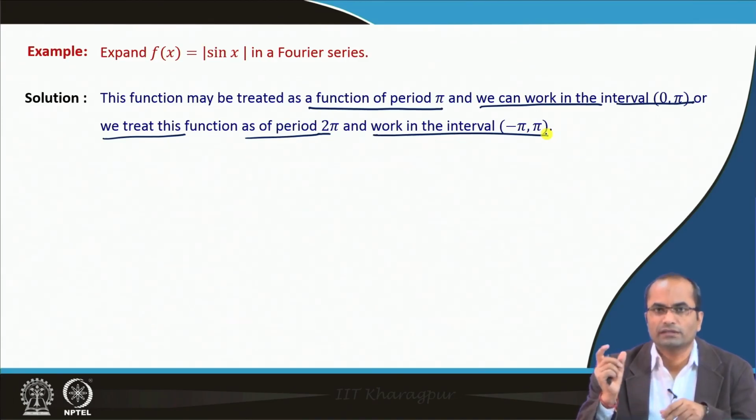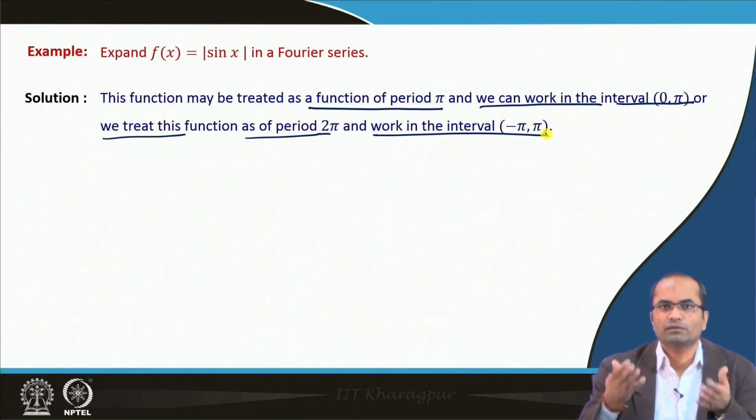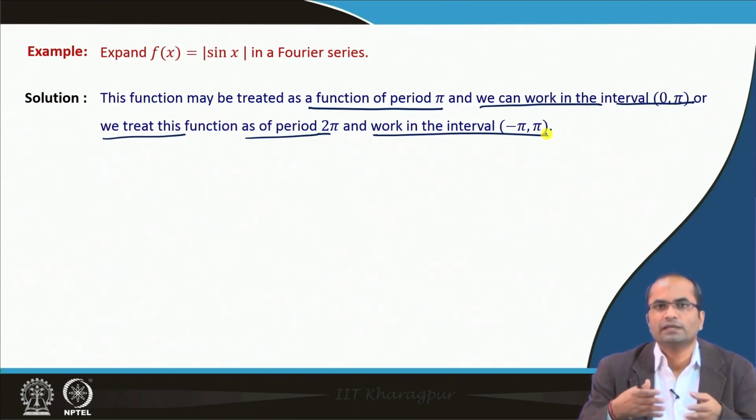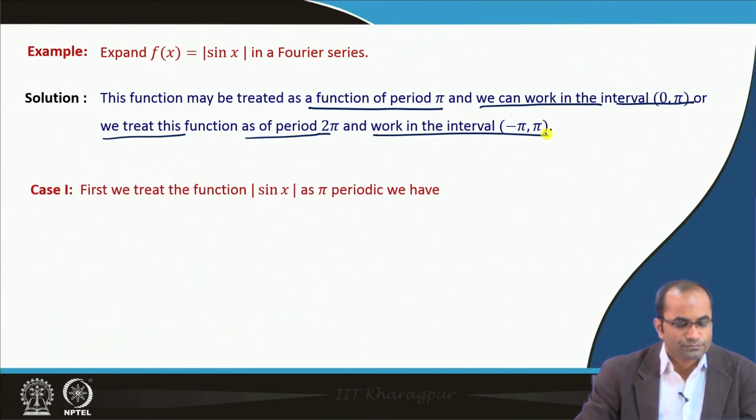That means, we will treat this function as a 2 pi periodic function, and then construct its Fourier series, and at the end we will realize that it is actually the same, whether we take a period pi or a period 2 pi or 3 pi etcetera. It does not matter. We will have the same Fourier series.